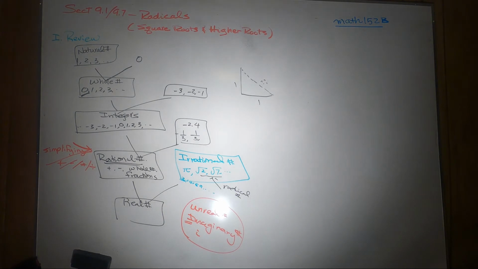So we also learn what? For polynomials, what do we learn? We learn the same thing: simplifying, add, subtract, multiply, and divide. Then for rational expressions, what are rational expressions? Do you still remember?